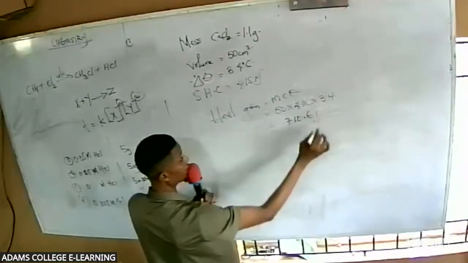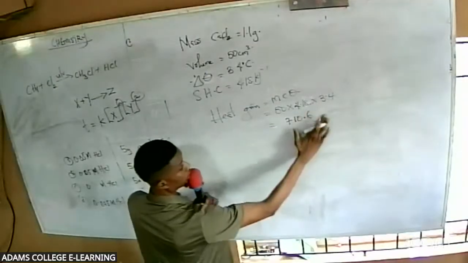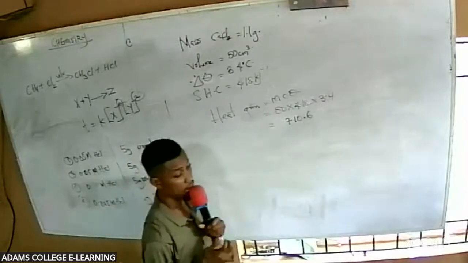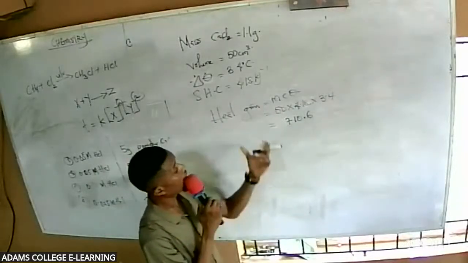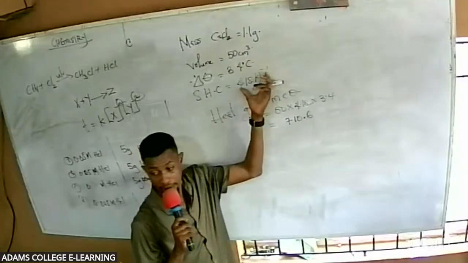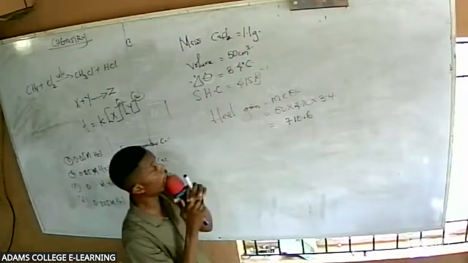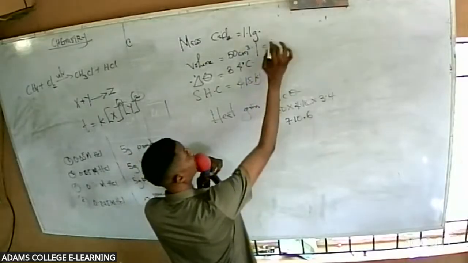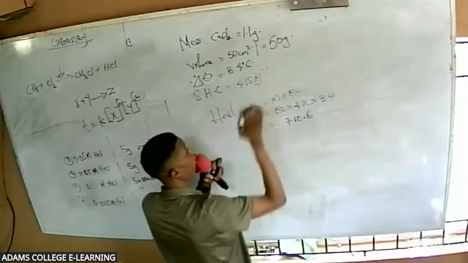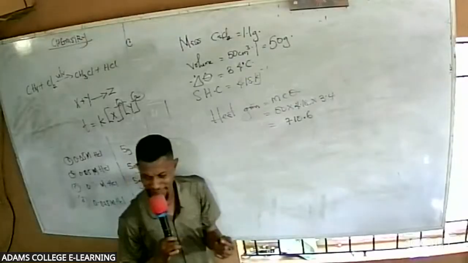This is in joules, right? The volume is equivalent to the mass as well, so 50 centimeter cube is equivalent to 50 gram. I think we have solved this before in the class.